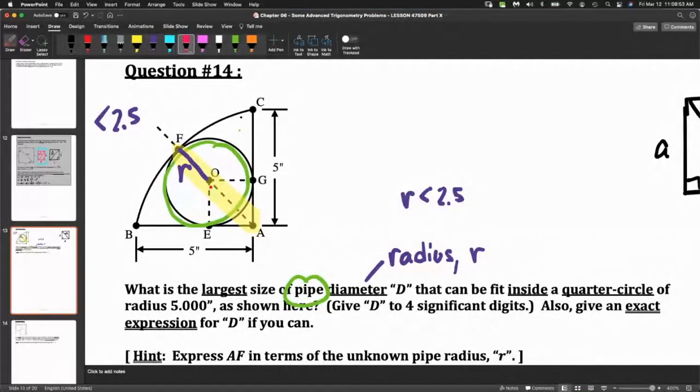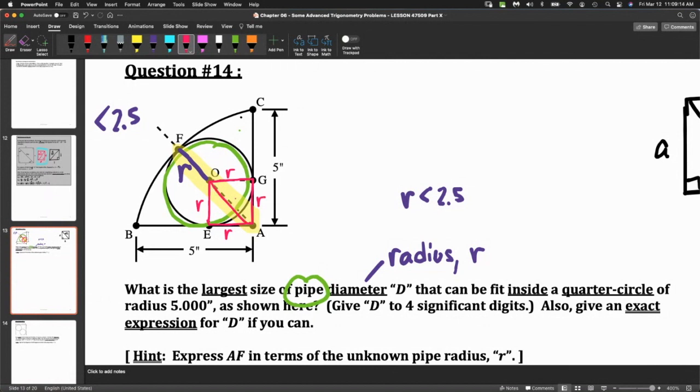Here's the answer. We're going to use a really thin pen here. How much are all of these pink line segments? Yeah, they're all r. Thank you, Zifeng. Very good. Those are all r. So how much is this?